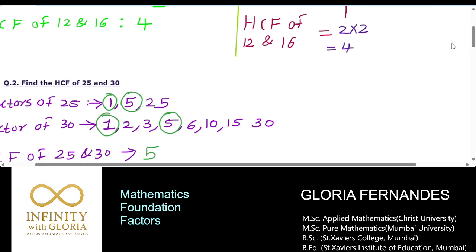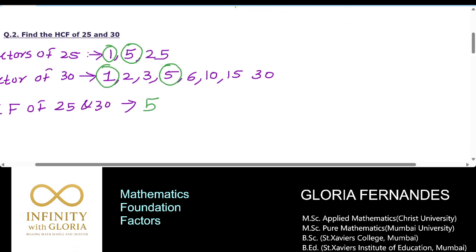Yeah, let's do this one also by prime factorization. So in this case as well, if I split 25 as, what will be the factors over here? 5 times 5, yes. And what will be the factors of 30? Yeah, 5 6s are 30, and I can further write it as 5 times 2 times 3.